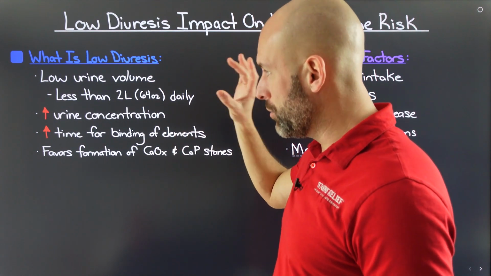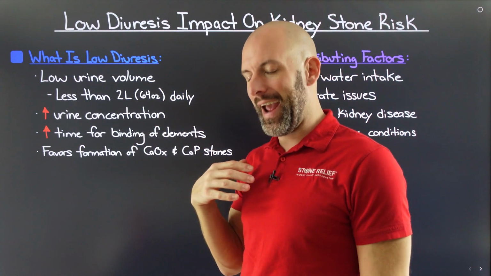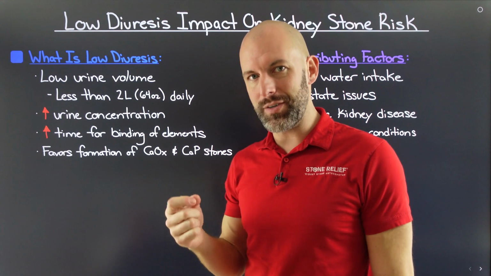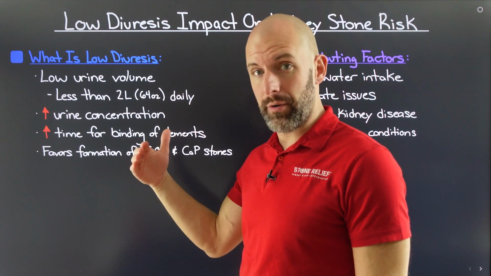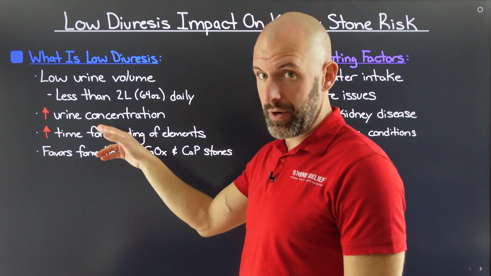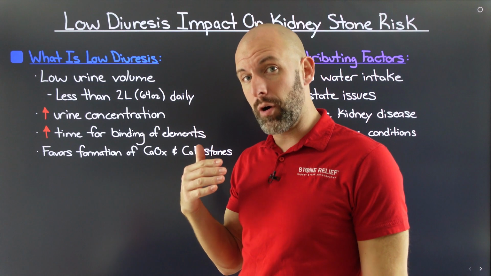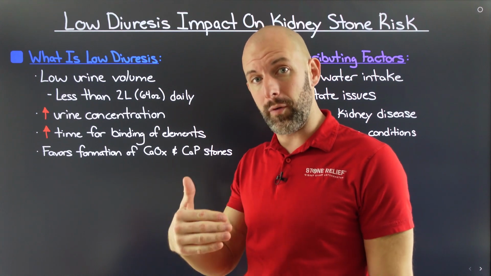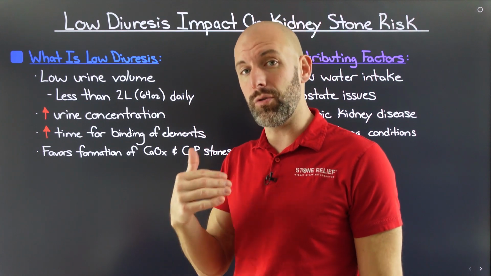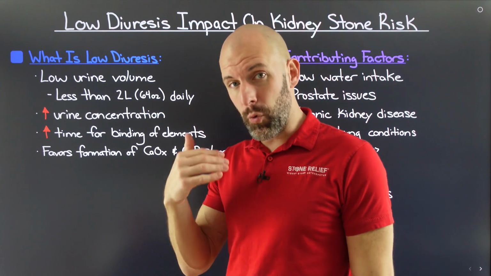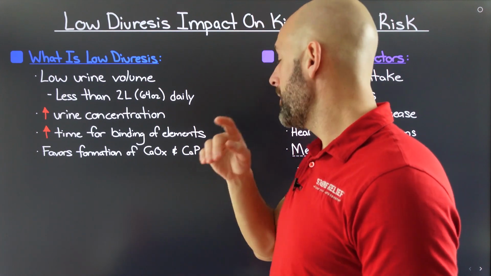And when you have low urine volume, a number of negative things cascade down that increase your risk for kidney stones. One of which is that your urine concentration is going to be higher in general, and that means there are more potential stone-forming particles sitting in your kidney and urinary tract for longer than they need to, giving them more time to potentially bind together to form kidney stones.